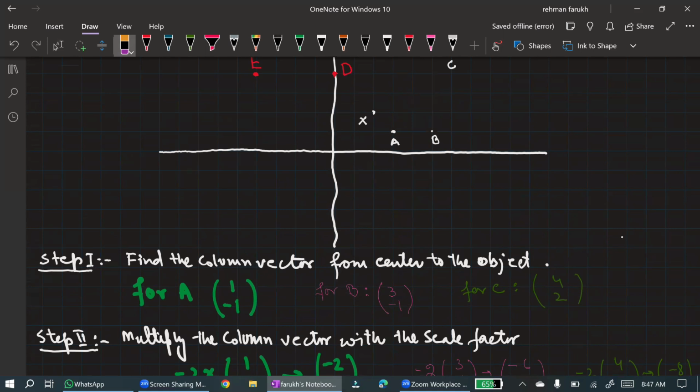C is this point. Sir, 3, 3. Rethink. Sir, 3, 2. Yes, 3, 2. This one is the column vector.